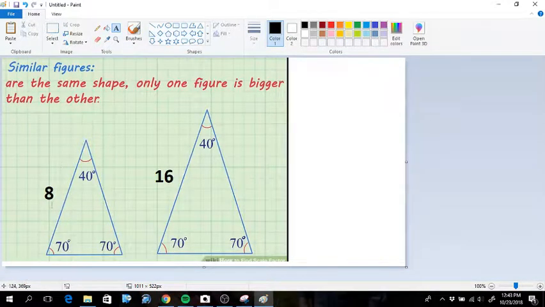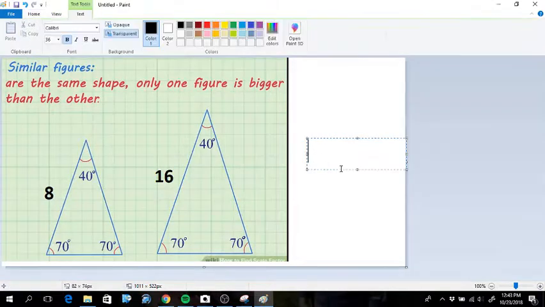So now this side is corresponding with this side because they're in the same location. So they're corresponding sides because they're in the same location. So now you can see that my scale factor equals 2 because the second object is twice as large as the first. Okay, so it's a multiplier.